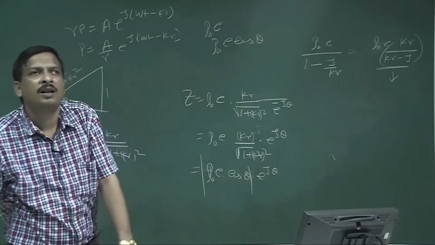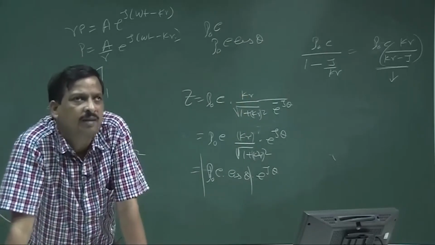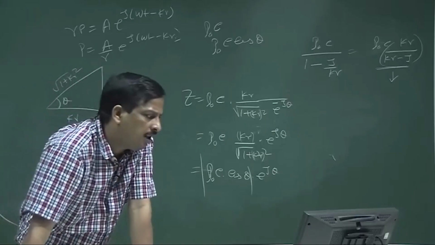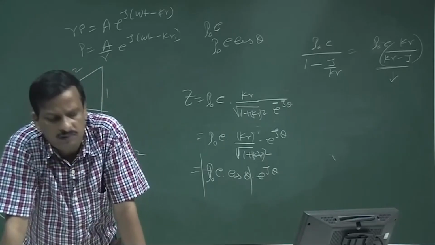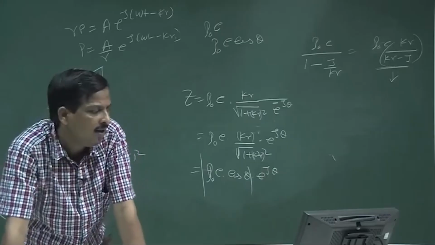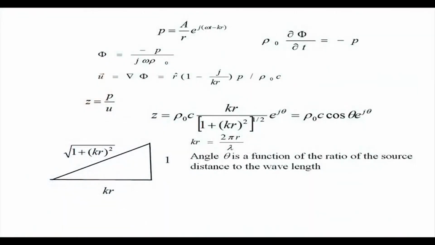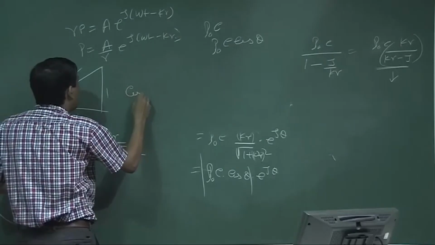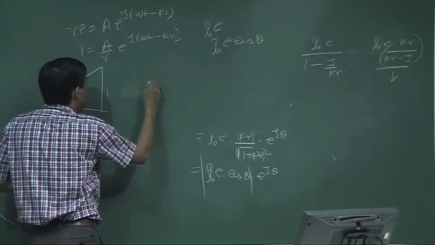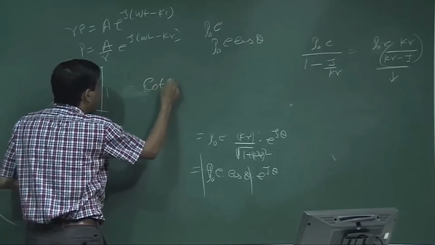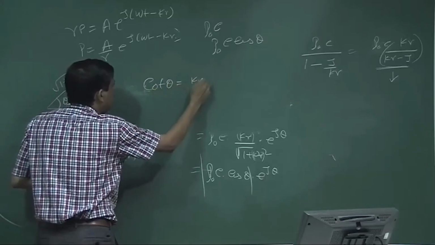What is theta? Theta is the angle between the pressure and velocity. Now, if this is theta, what is theta? I can write cot theta is equal to kr by 1.